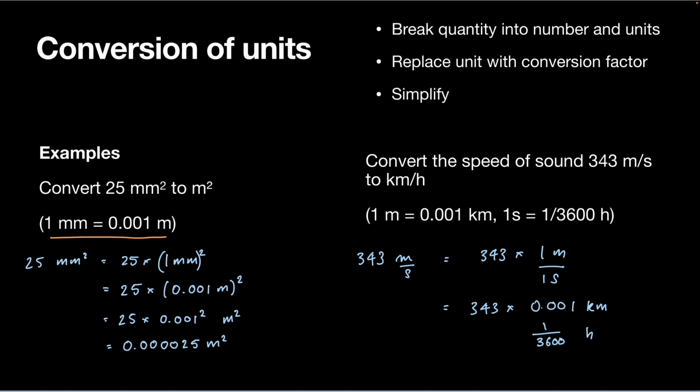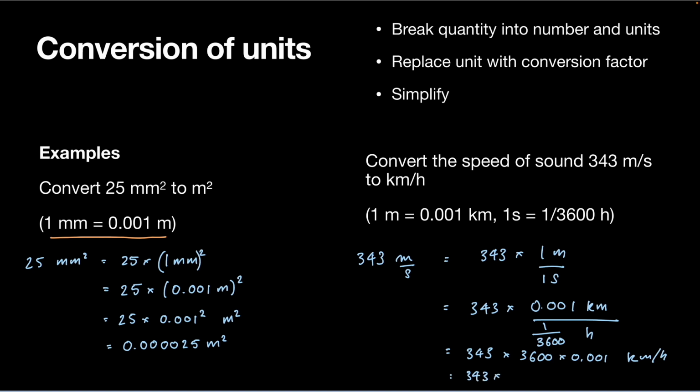Let's just make that fraction a bit bigger. Now you know from maths, if you divide by a fraction, it's the same as multiplying by the reciprocal of the fraction. So that is the same as 343 times 3,600 times 0.001 kilometers per hour.